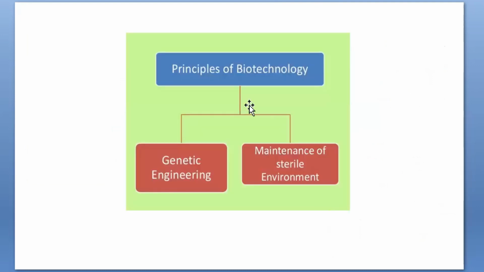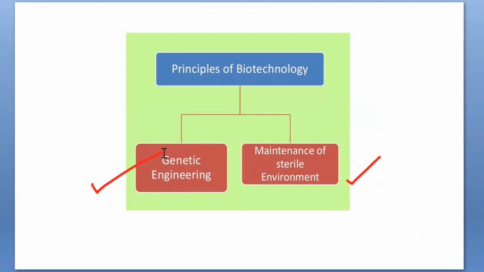So what are the principles of biotechnology? The two core techniques are, one, genetic engineering, and the other, maintenance of sterile ambience. Okay, first one is genetic engineering, and second one is maintenance of sterile ambience.